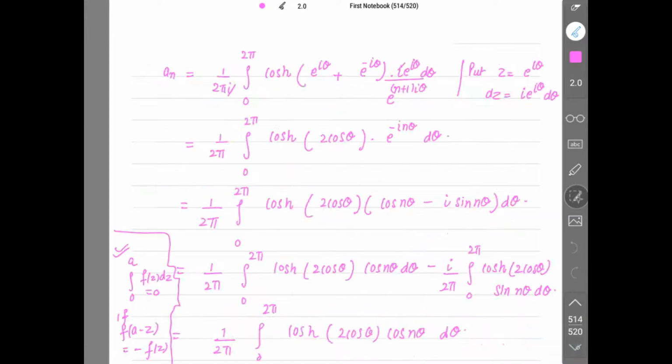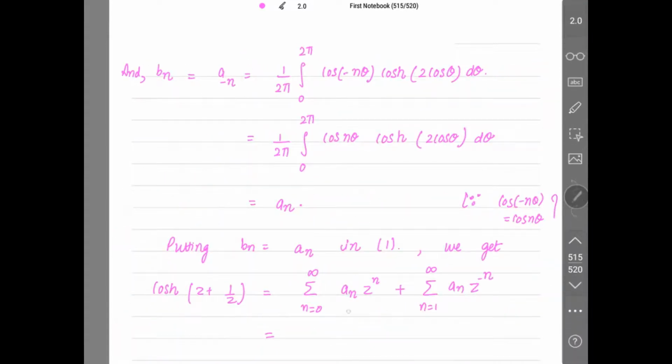So I just put n equal to 0 and write my first term. When I put n equal to 0, z to the power 0 will become 1. So this is a0 plus, now my summation will start from 1 to infinity, an z to the power n plus this summation 1 to infinity an z to the power minus n.